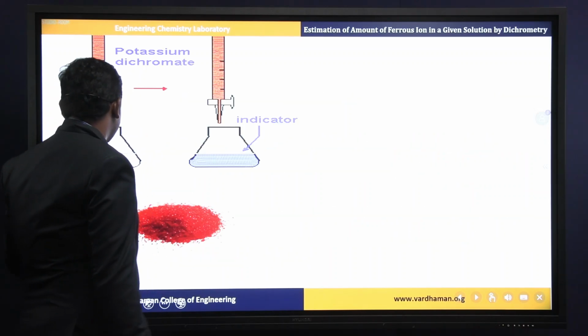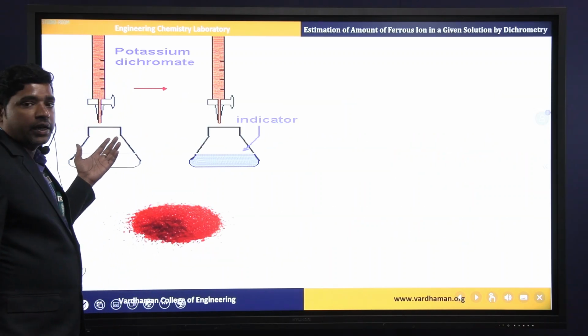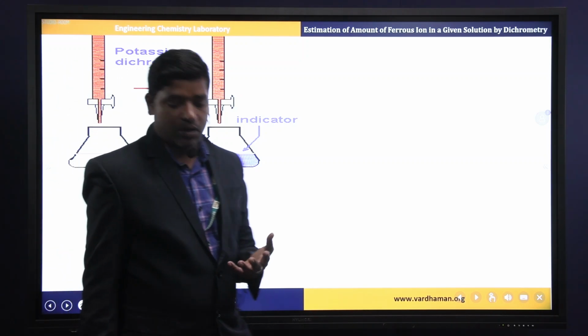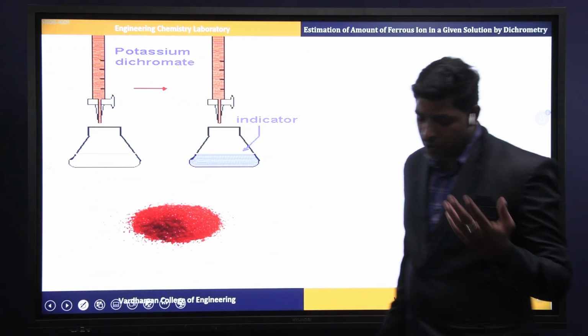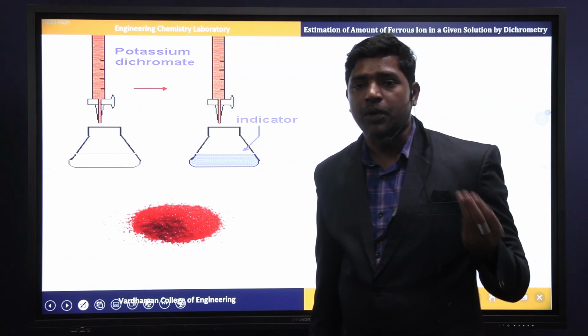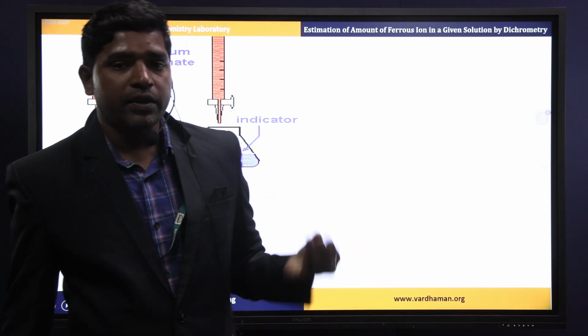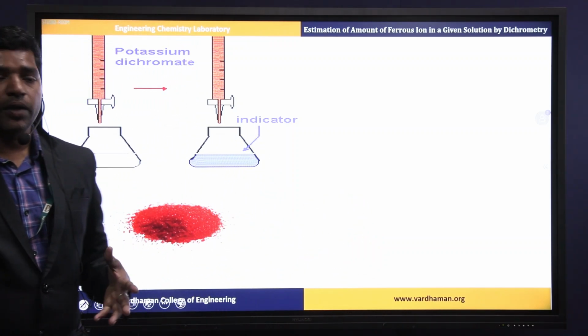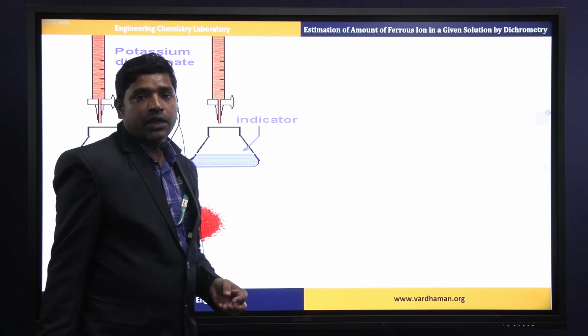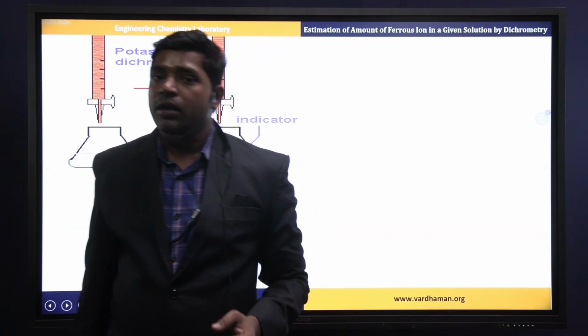This is the experiment. First we take the colorless Mohr's salt solution. To this colorless solution we add the mixture of acids, sulfuric acid and phosphoric acid, and 1 to 2 drops of the indicator. This colorless solution is titrated against potassium dichromate, which is present in the burette.